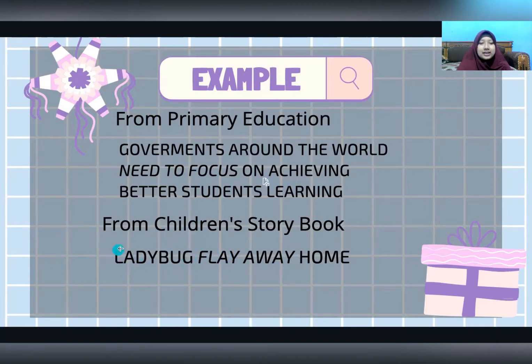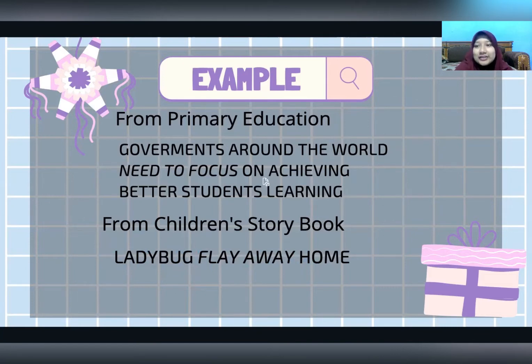Because ladybug is the subject, fly is the verb, and away home is the complement. It shows the activity or habit of the ladybug. So this is our discussion about simple present tense.